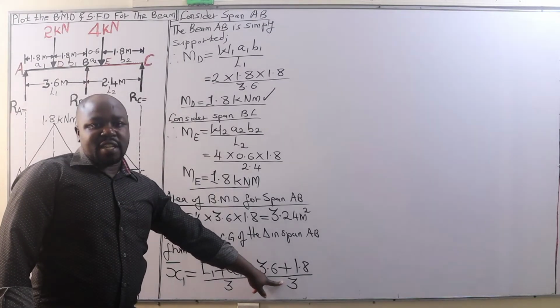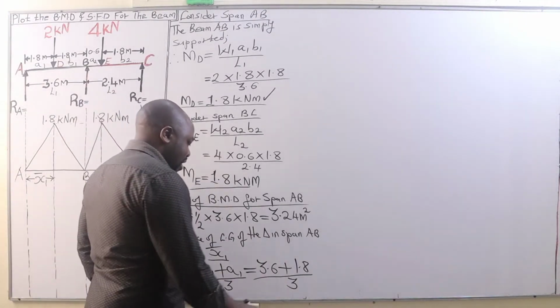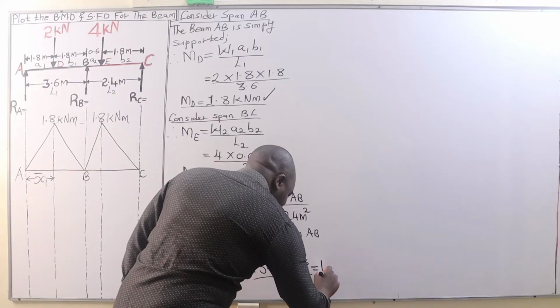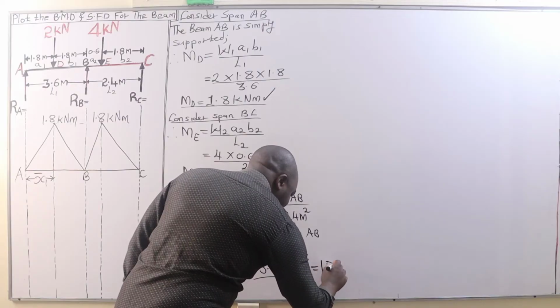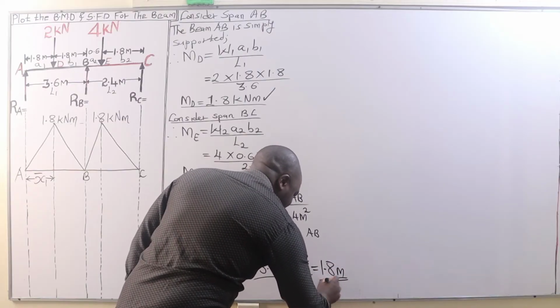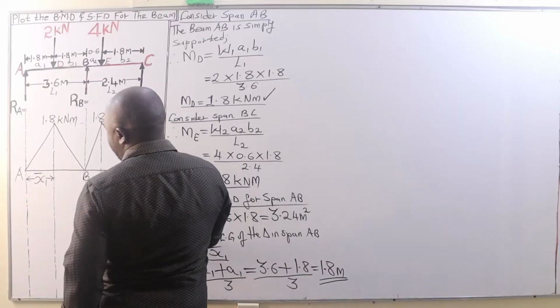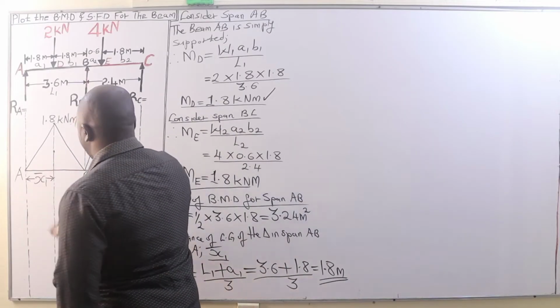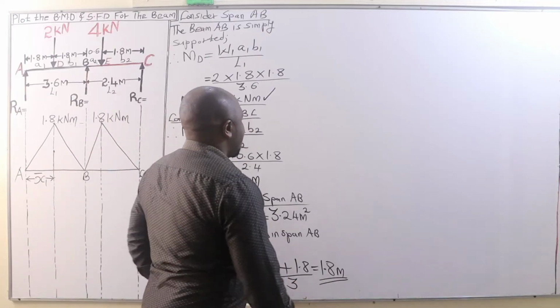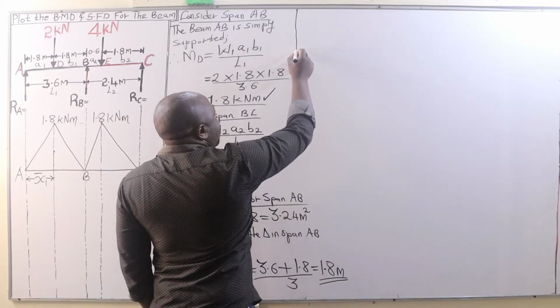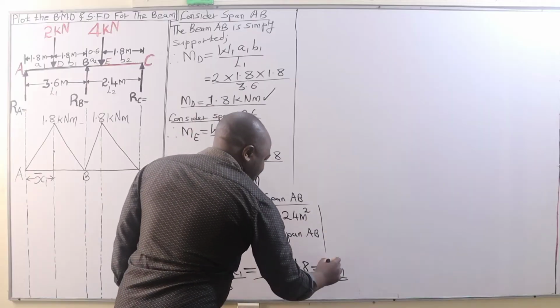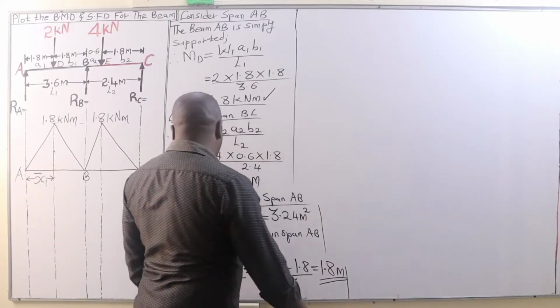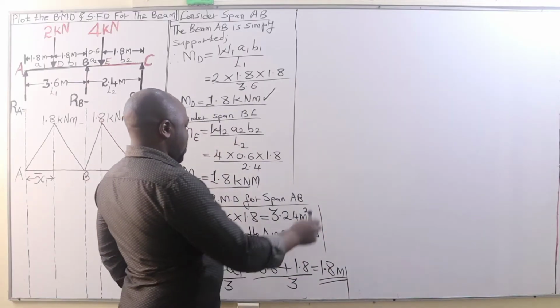When we do that, we get 1.8 meters. So the distance from the center of gravity of this triangle to A is 1.8 meters.